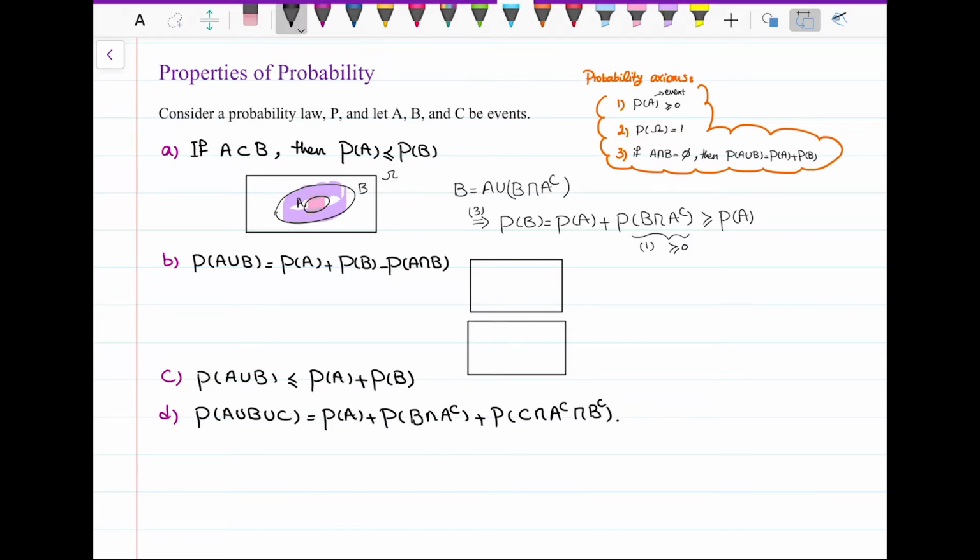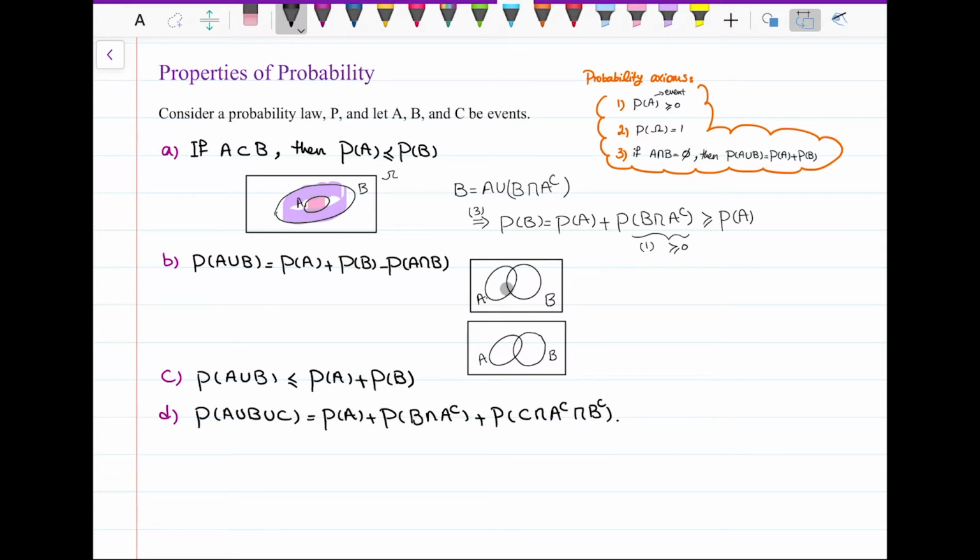I have the set A, I have the set B, and the same thing: I have the set A, I have the set B. The same thing, but I wrote it twice.